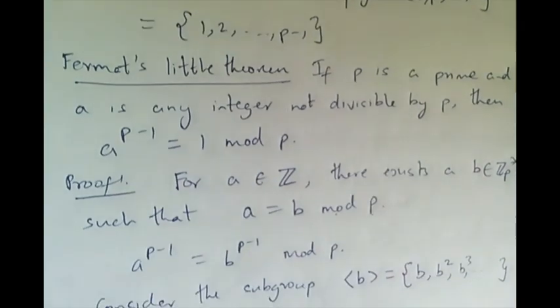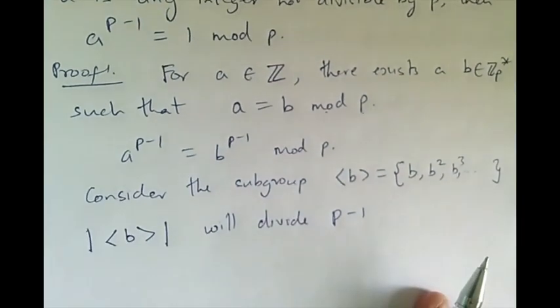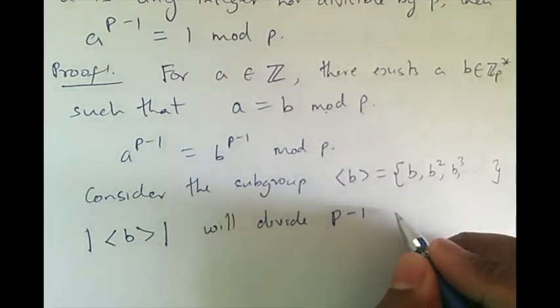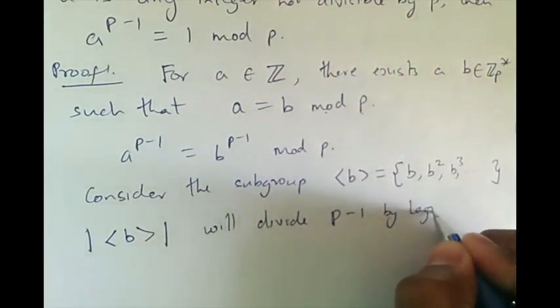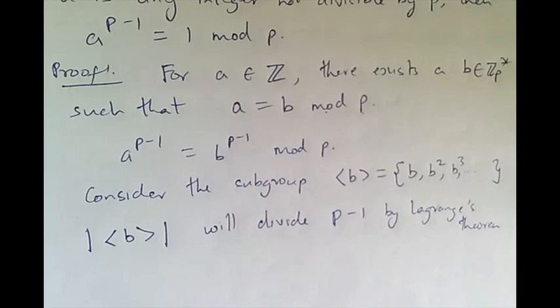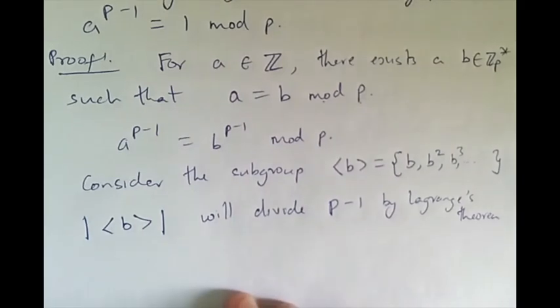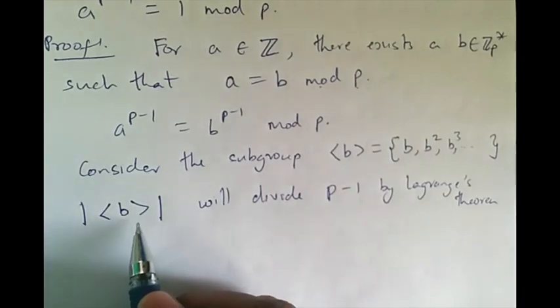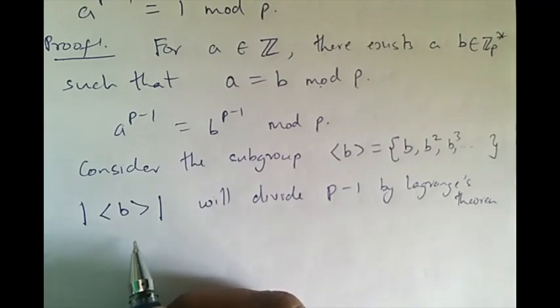So there are p minus 1 of them. So the cardinality of this subgroup must divide p minus 1 by Lagrange's theorem. And what is the cardinality of this angle bracket b? It is the smallest integer k such that b to the k equals 1 mod p.